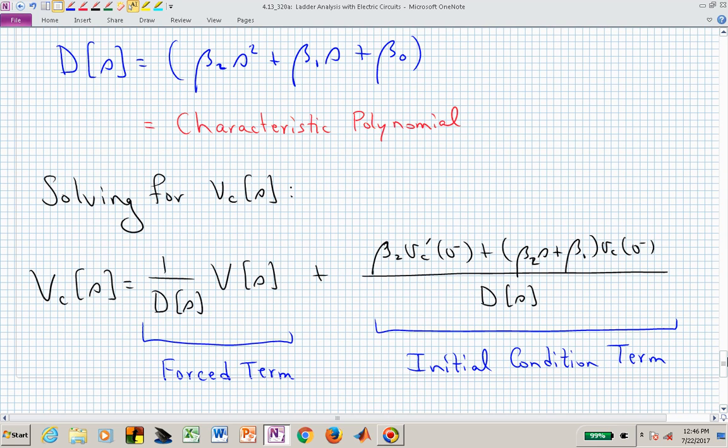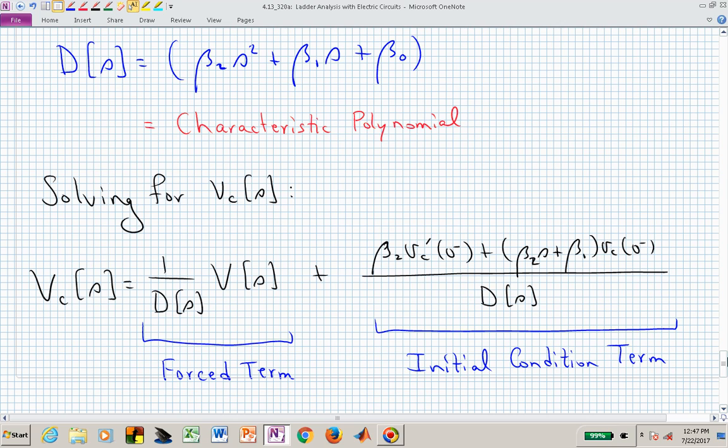We now have V sub C of S, our Laplace transform of the capacitor voltage, as a linear combination in the frequency domain of a term that involves the forcing function, its Laplace transform, capital V of S, divided by the characteristic polynomial. That characteristic polynomial will give us the poles, and that gives us the behavior of our system.